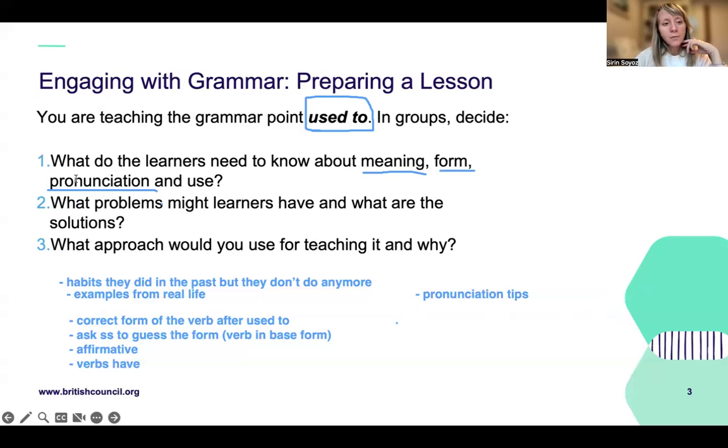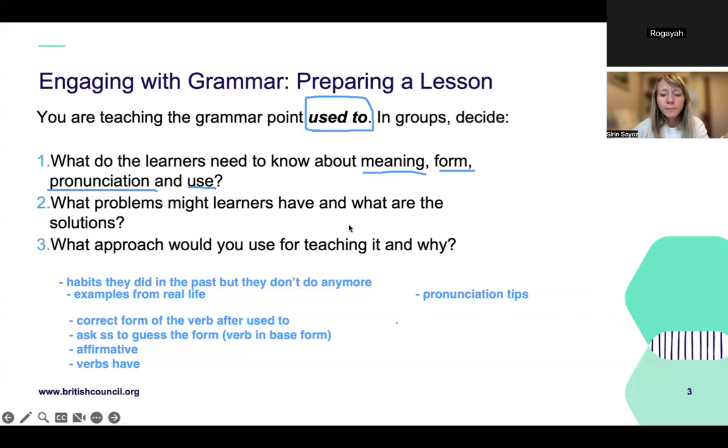And from your experience, what problems might learners have with used to in your country, Rogaya? They forget to use it for habitual action in the past. Maybe they will use it for present habits. Like say, I used to study, for example.